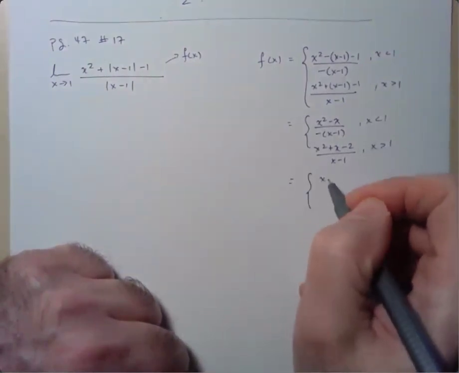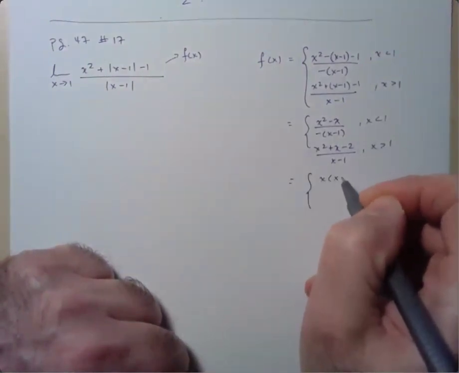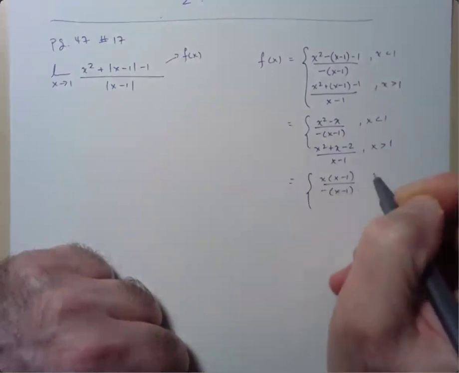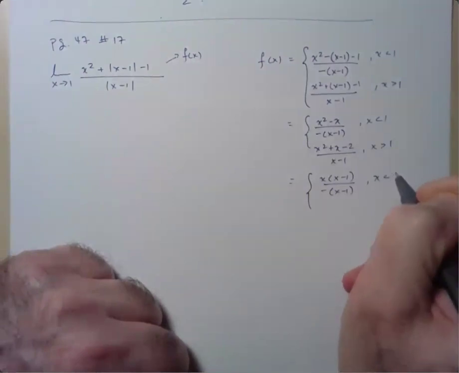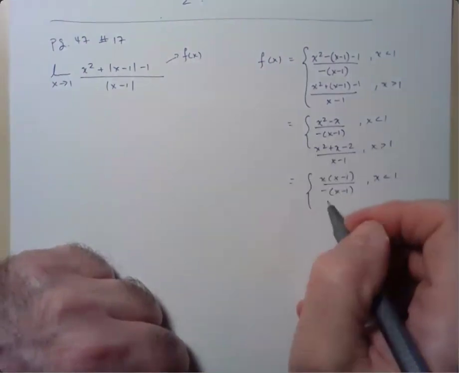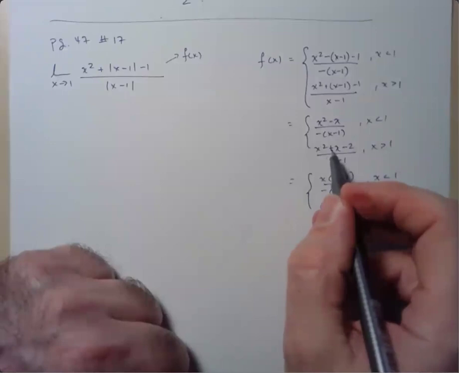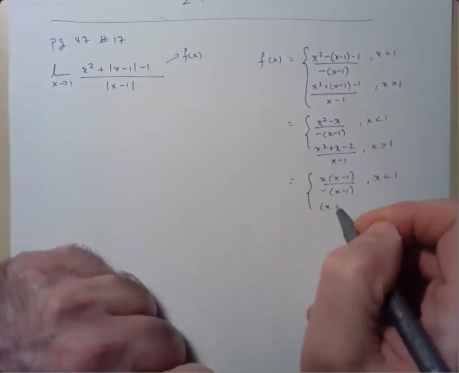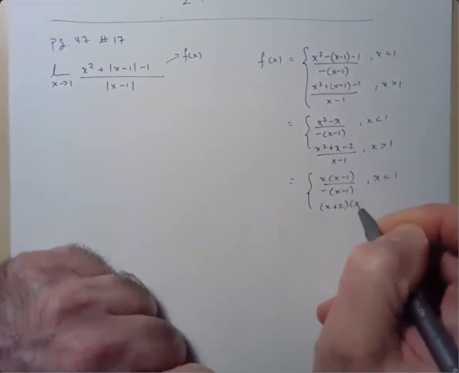Let's take out an x here: x times x minus 1, over negative x minus 1. Nice stuff is going to happen. Here, that factors in 2, so I need it to add up to plus 1, so it's x plus 2 times x minus 1.